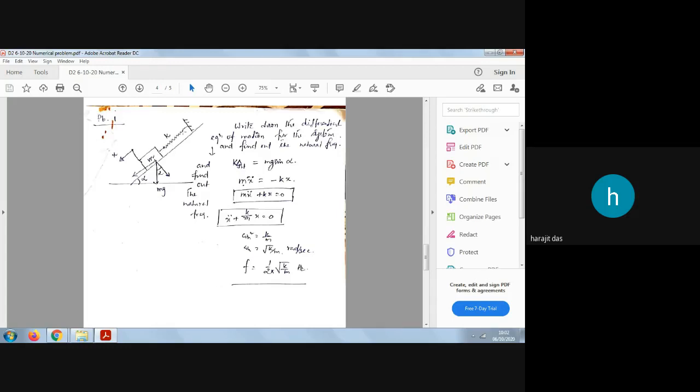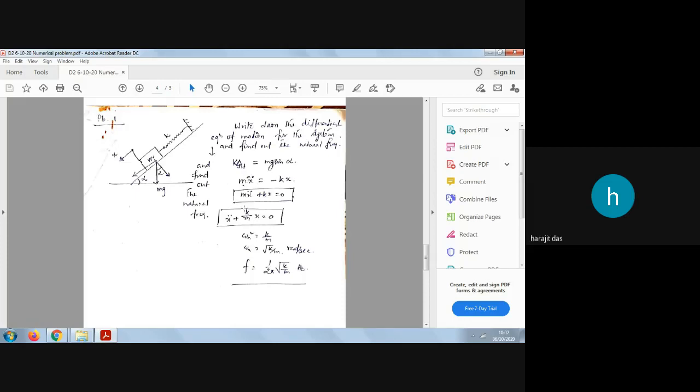It will be acting on the right side, because the spring is elongated, so the spring force will be acting in the right hand side, means compressive spring force. So minus kx will be equal to m x double dot, because Newton's second law of motion gives that the summation of external force will be equal to m x double dot.